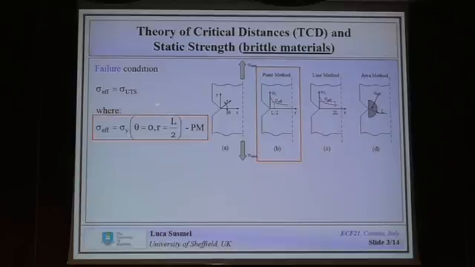Basically, this effective stress can be calculated in different ways, so you can move a bit away from the notch tip. Actually, this length is equal to L divided by 2, so this is the critical distance value, which is a material property.